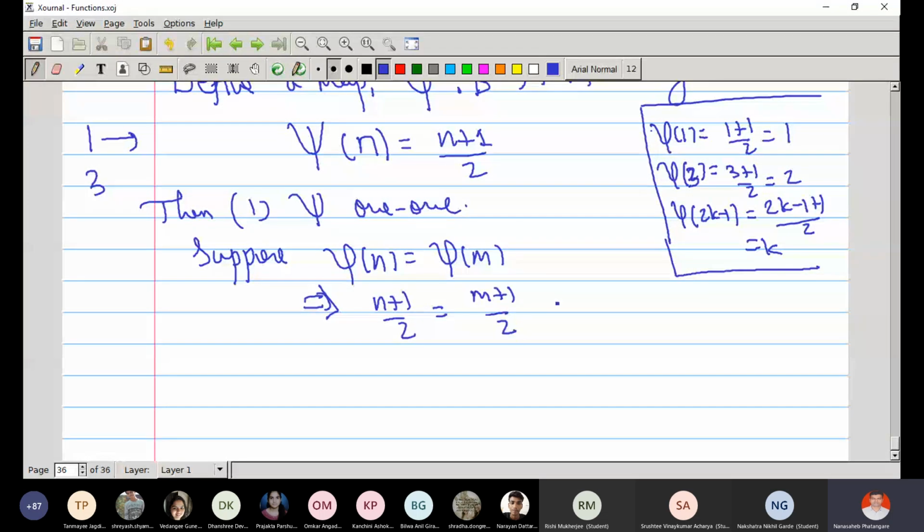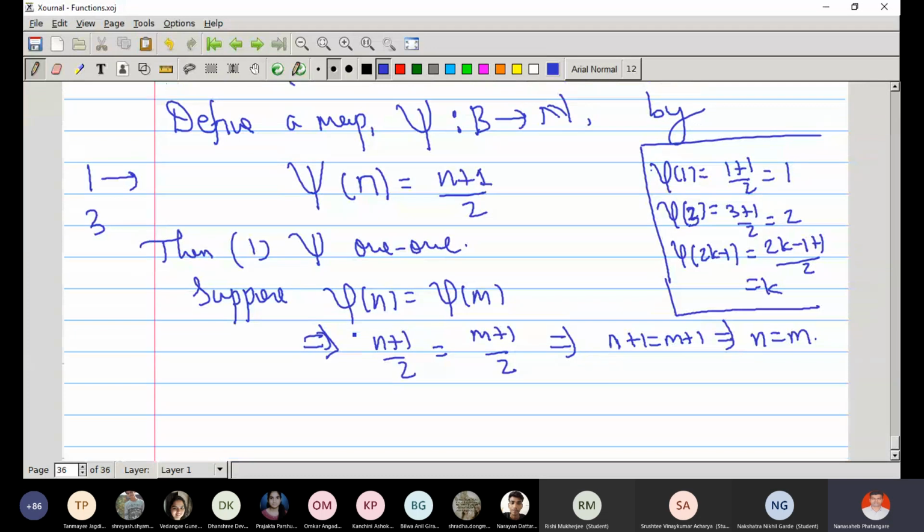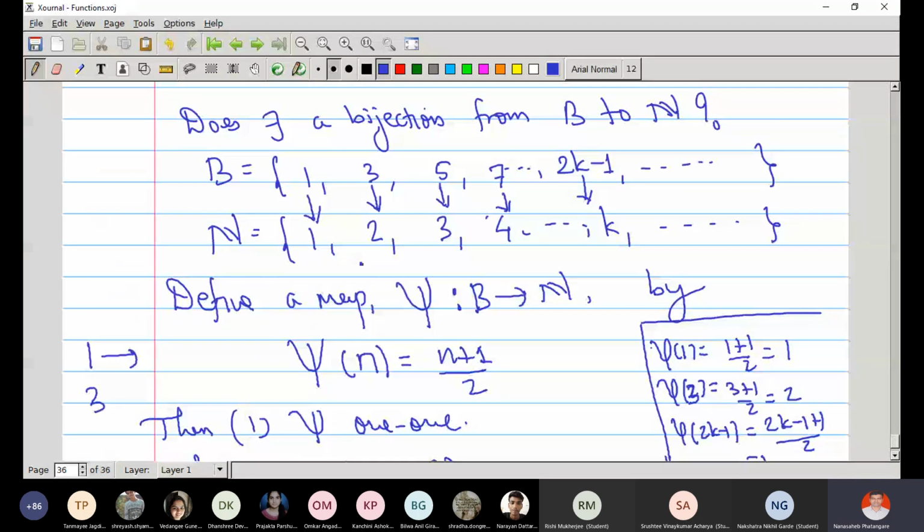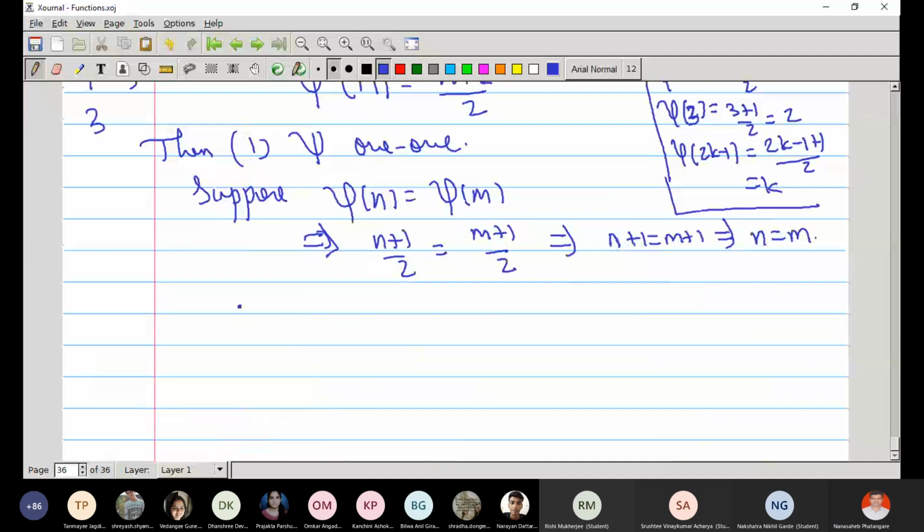Simplify this. 2 cancels. N plus 1 is equal to m plus 1. 1 cancels. So n is equal to m. This is clear from the previous figure, we can map distinct elements to distinct elements. Therefore, this function is 1 1.